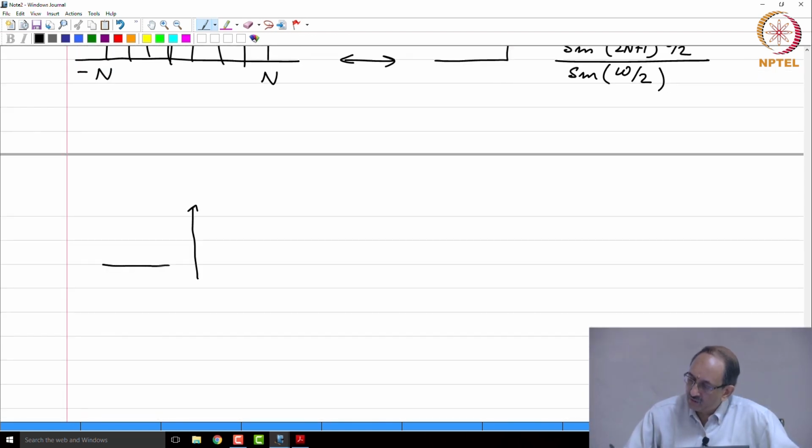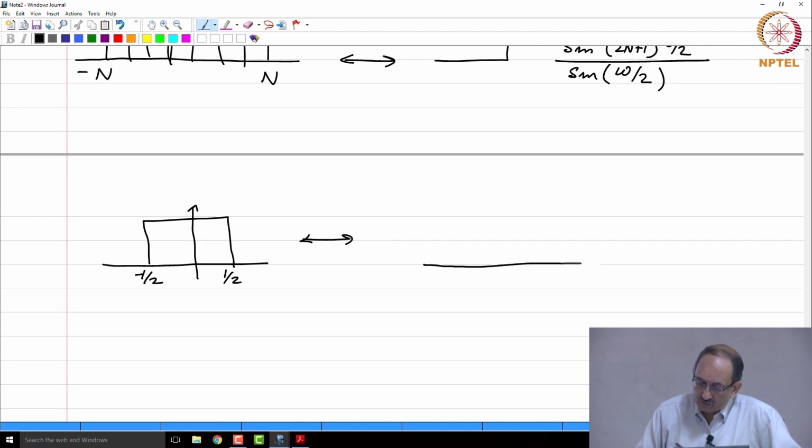The underlying continuous time signal is this, between minus half to plus half, and this is sine omega by 2 by omega by 2, the continuous time Fourier transform, which is aperiodic.